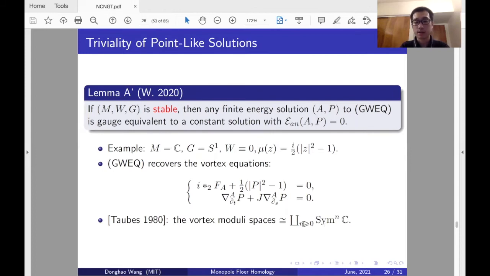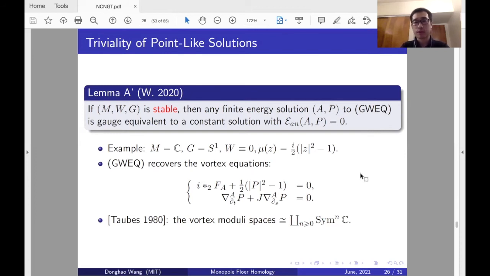Here n is a non-negative integer, also called the vortex number. It's also the number of zeros of this holomorphic section. Basically, Taubes' theorem is saying for any n points on the complex plane, you can construct a unique vortex solution such that this holomorphic section vanishes precisely at these points. In this case, we do have a pretty interesting moduli space, and this means this stability condition is essential in our lemma.